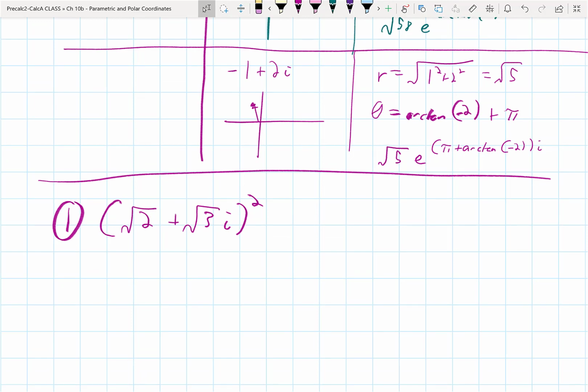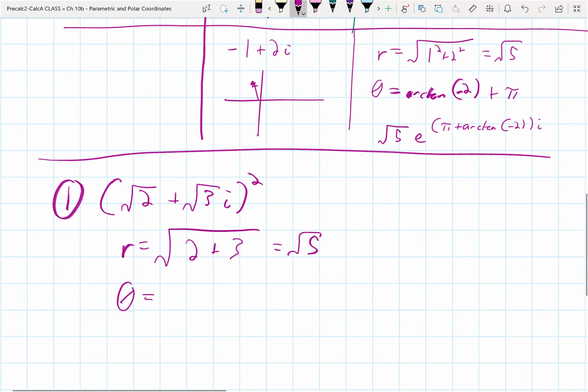So let's do this. If I have (√2 plus √3 i) squared, I know that the radius is equal to the square root of 2 plus 3, which is the square root of 5. And the angle is just a basic arctangent. This would be the arctangent of √3/√2. If I put √3 over √2, you can just express it as a single radical. That's okay.